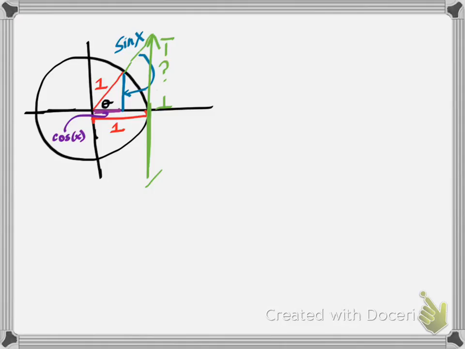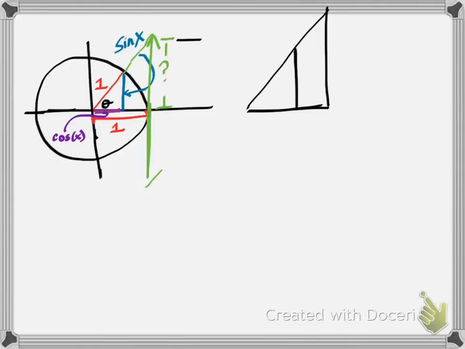The basic question is, what is the length of this segment here, which is tangent to the circle? Well, because of similar triangles, let me simplify the picture here so you can see it a bit better. Here you have a radius of 1. I didn't draw this very well. Let me do a better job of drawing it somewhat to scale. There we go. Okay.